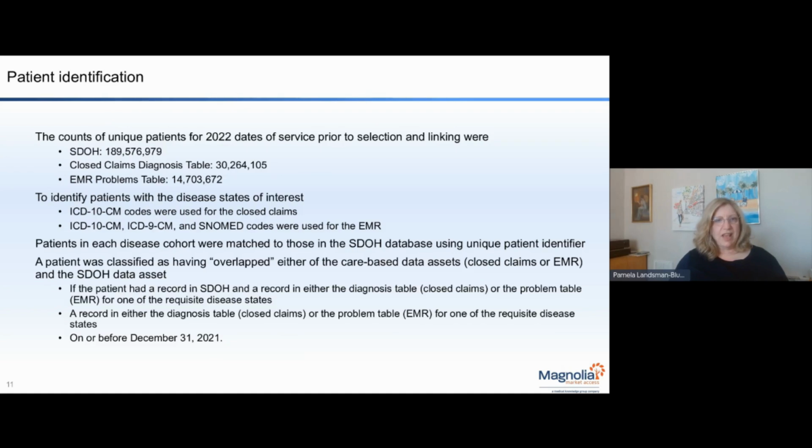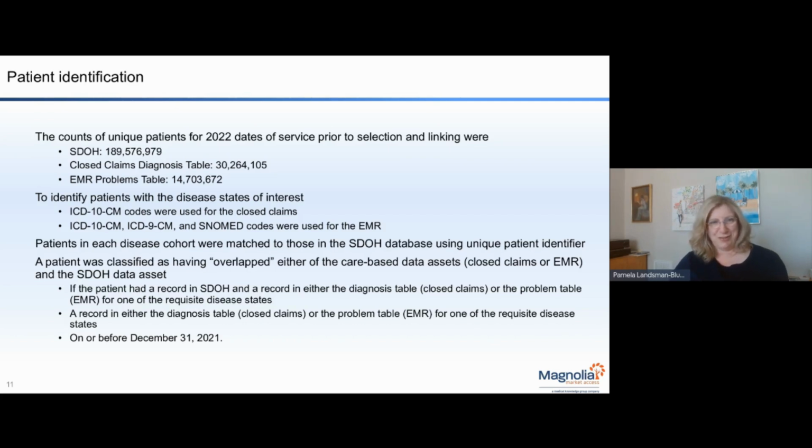So again, to level set, we have the counts of unique patients, at least for the most recent data, 2022, that are available for linking. We have 189 million people in the social determinants of health. There may be people who are duplicated for a number of reasons.